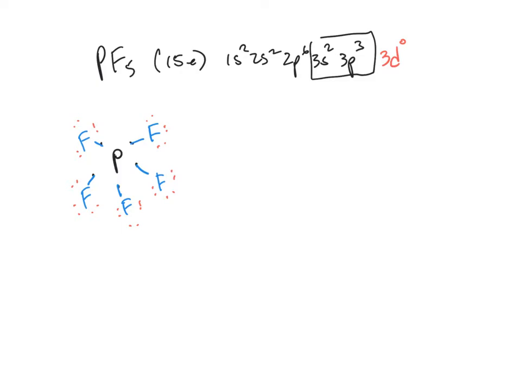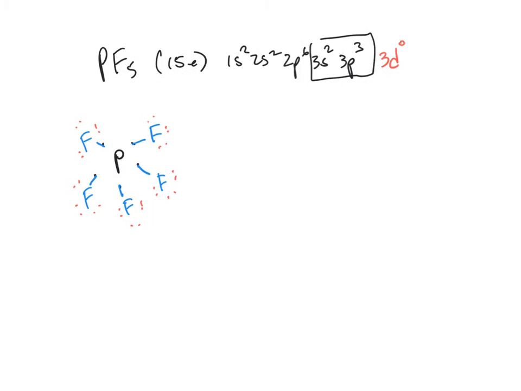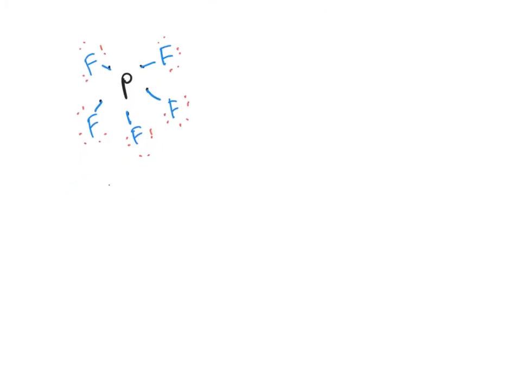They're going to go into 3d. And so if you have 5 groups of electrons around the central atom, then you're going to need 5 hybrid orbitals: an s, 3 p's, and a d. You can think of this as 1 s, 3 p's, and 1 d, but we don't write down the ones.